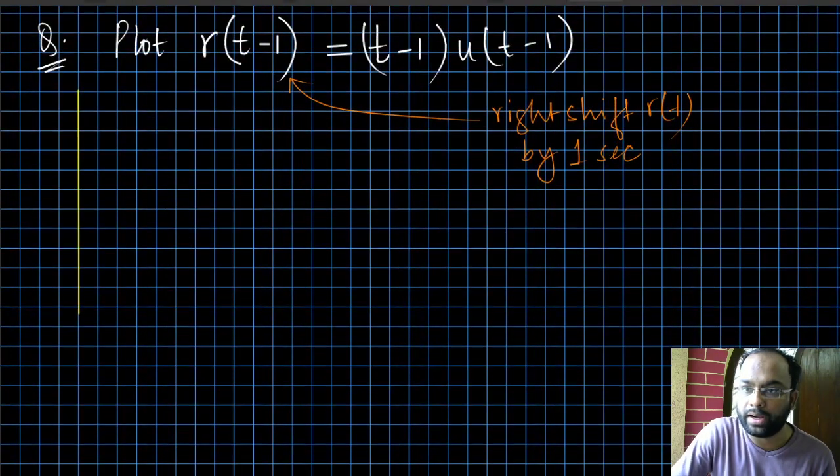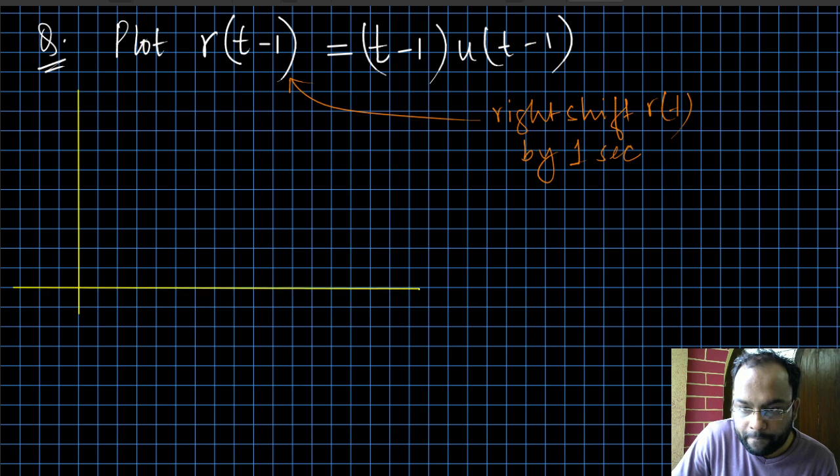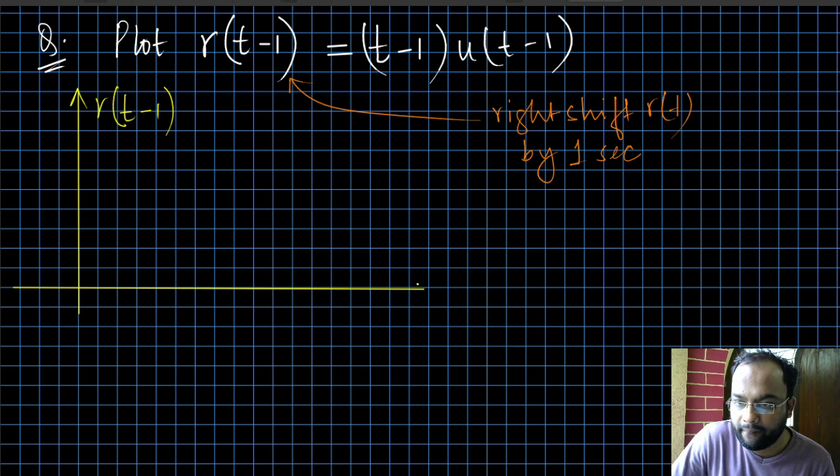Right. So let me just plot this again. So we are here plotting r(t-1). This is t.